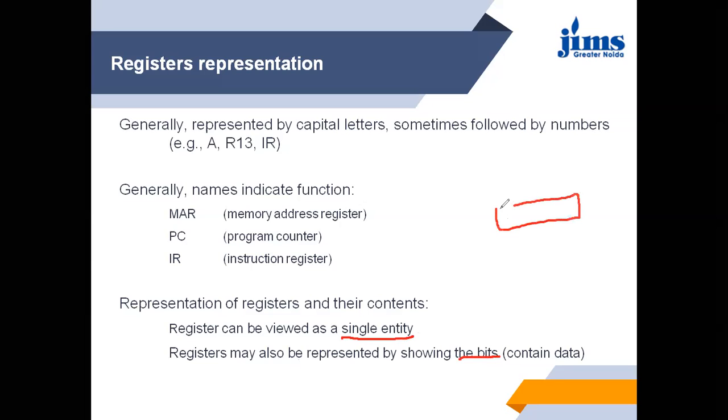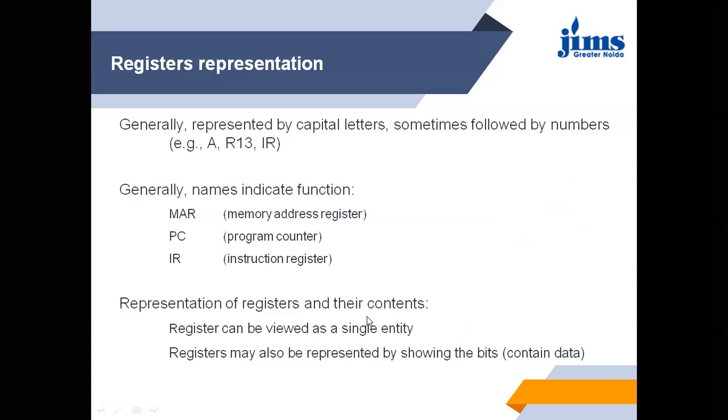Suppose this is a register that contains 16 bits, then we can take these 8 separately and these 8 separately. So a register can be a single register, meaning it can contain the complete data as a single entity, or we can divide it also. So this was about the register representation.